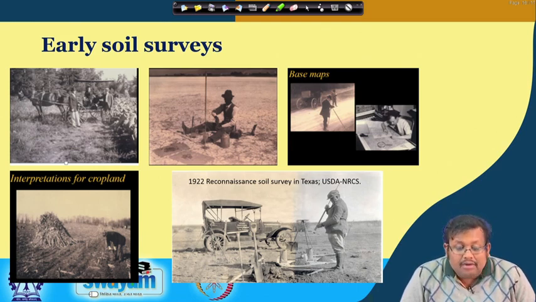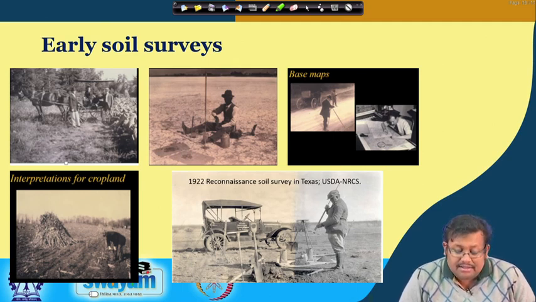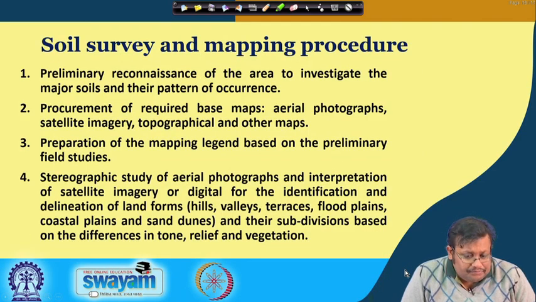You can see how they used different types of base maps, and they did some interpretation for cropland. The last picture shows the 1922 reconnaissance soil survey in Texas by the USDA Natural Resources Conservation Service, which is the organization responsible for undertaking the soil survey in the United States, and we are basically following their guidelines in India also.